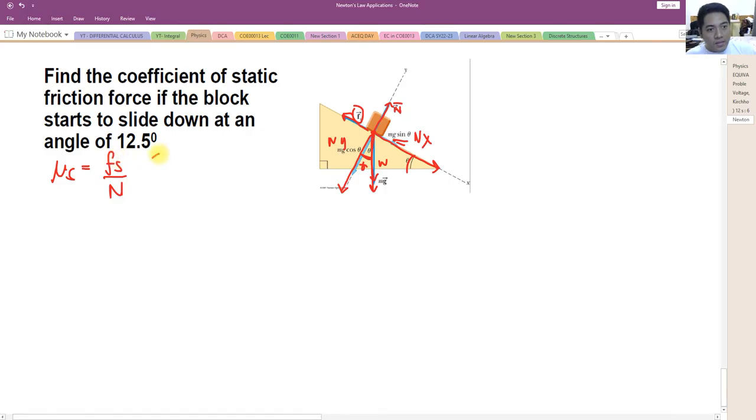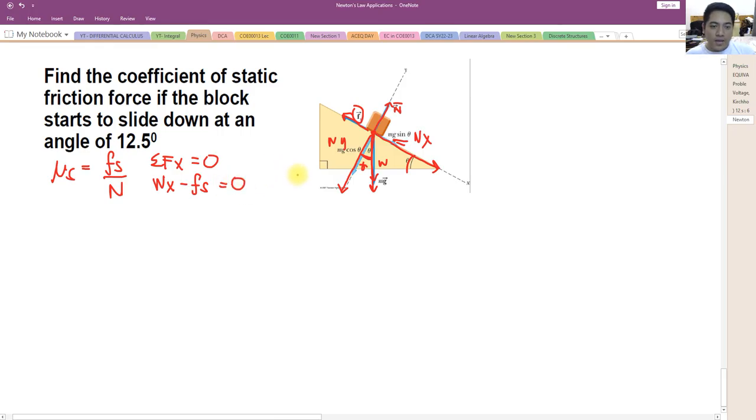If we get the summation of forces along X, it should be 0 because it's about to start to slide, so there is no acceleration. The Wx going to the right, the X component of the weight, minus the friction force that is opposing it, the static friction, equals 0.